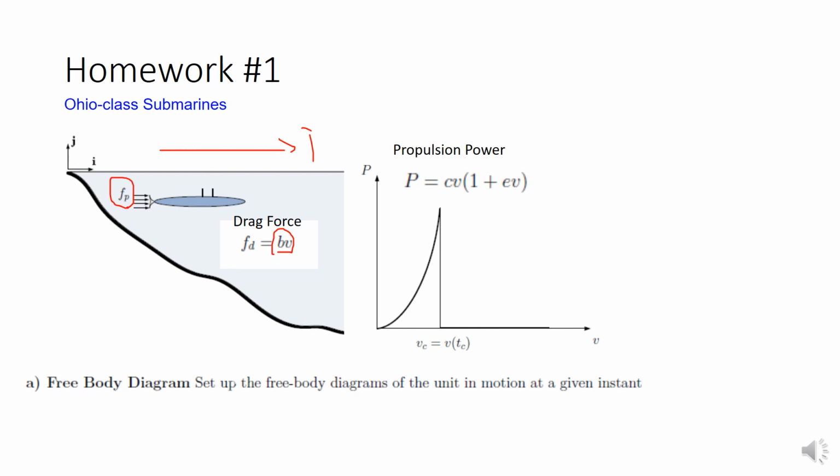I only give you the propulsion power. So the power will be this curve. It will be Cv times 1 plus Ev. Then after a certain time, as t equals tc, the engine will be closed, so the power will become 0. Okay.